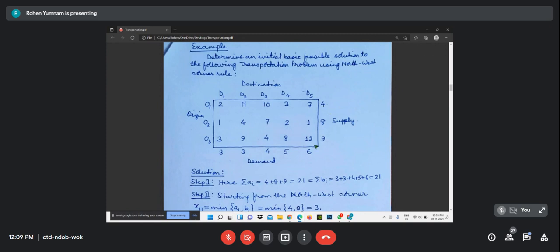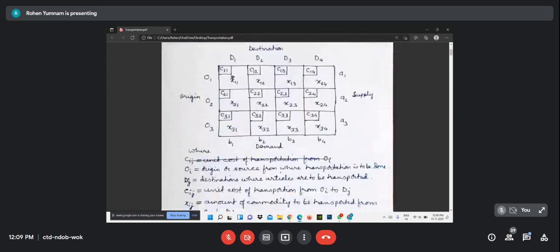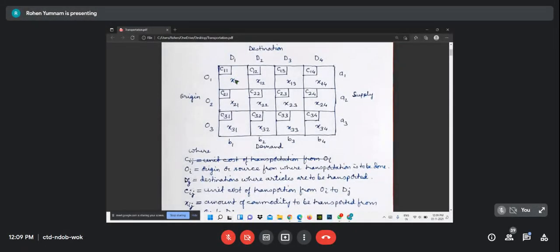Only one value is given, not two. But here it is written as 2, C11, X11. C11 is what is given in the problem. X11 is what we have to find out during the calculation. X11, X12 are those we have to find out during the calculation, but these are not necessary. Those within the other box will be given in the problem. According to that, we have to solve.